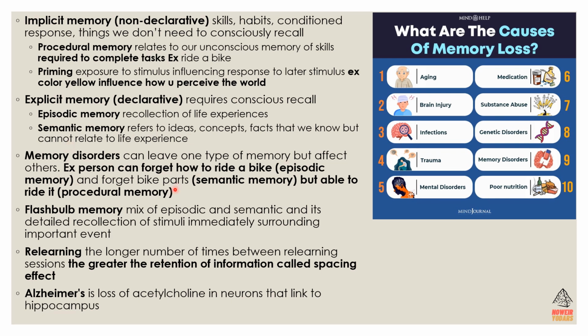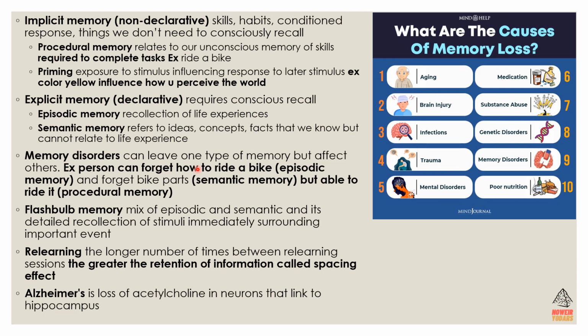Memory disorders can leave one type of memory but affect others. So for instance, a person can forget how to ride a bike. Like in the example, it's been 10 years, and I probably forgot how to ride a bike. Episodic: you go back 10 years, oh, I used to ride a bike, I used to be the best bike rider in my age, for instance.